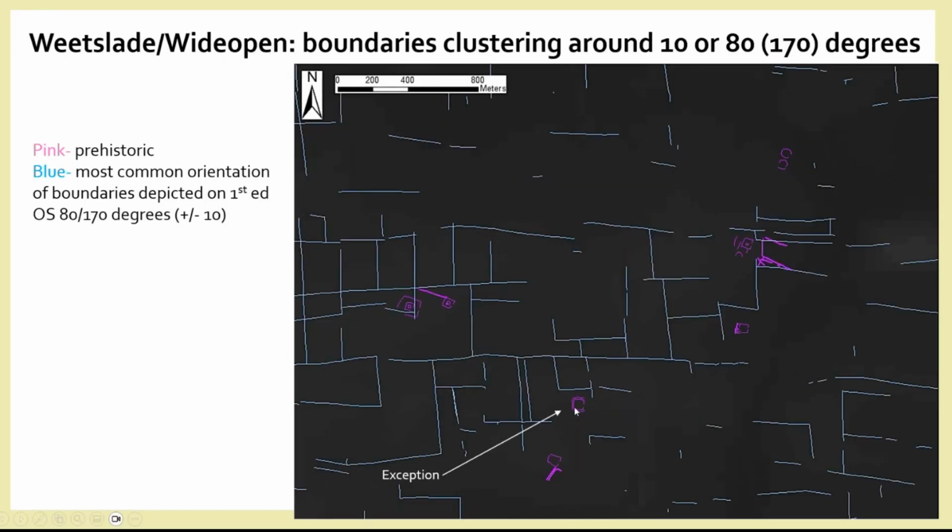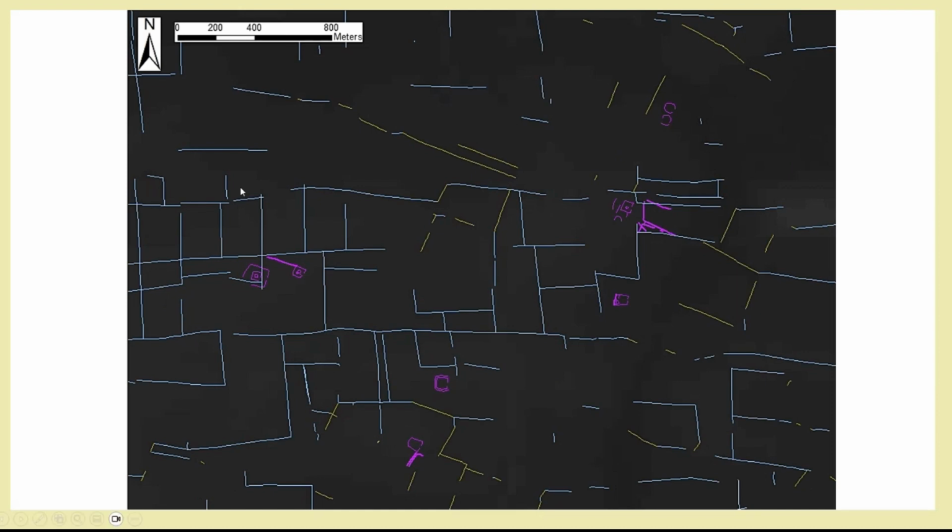You've got this outlier here of an Iron Age enclosure that conforms with a different orientation. Could this be a later Roman period enclosure? It's never been excavated, this one. It conforms with the later pattern of fields, potentially.